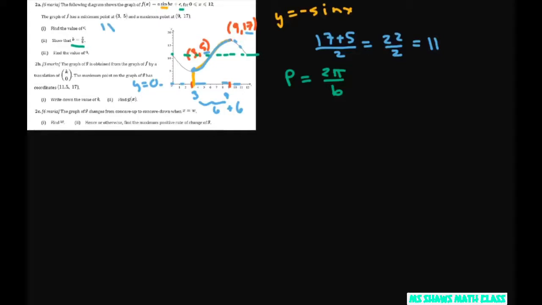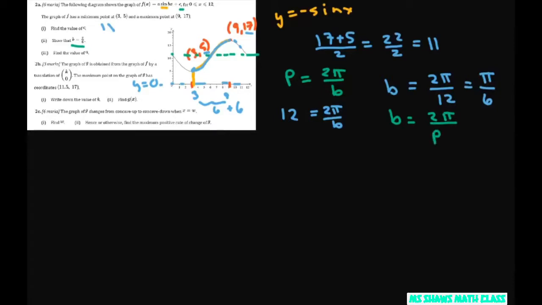So if you wanted the full length of sine, I know my period is 12 equals 2 pi divided by b, or b equals 2 pi divided by 12, which equals pi divided by 6. You could have just said b equals 2 pi divided by your period.